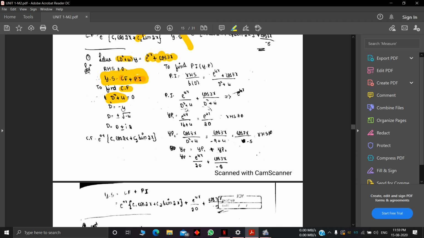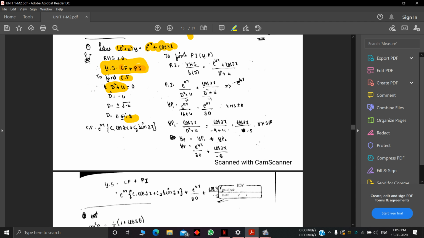So to find the CF, we are just equating D square plus 4 equal to 0, and we got a complex conjugate solution. Comparing with the complementary function form, the final CF value is e to the power something x, c1 cos 2x plus c2 sin 2x.